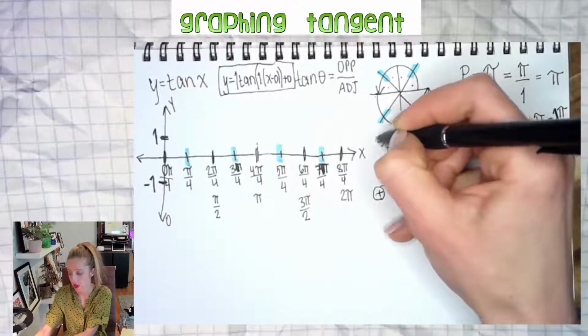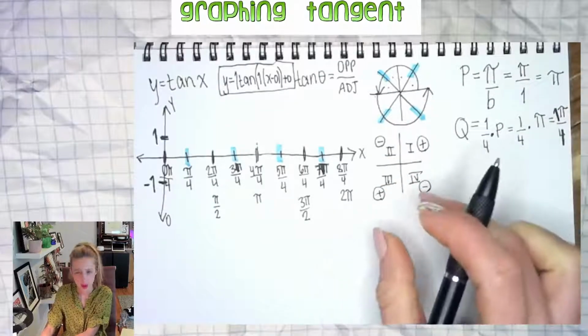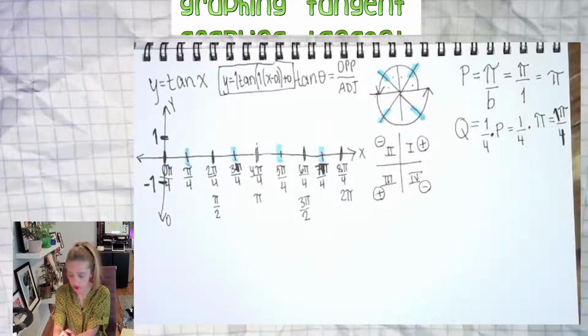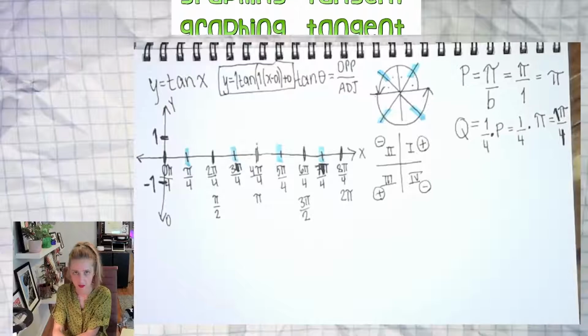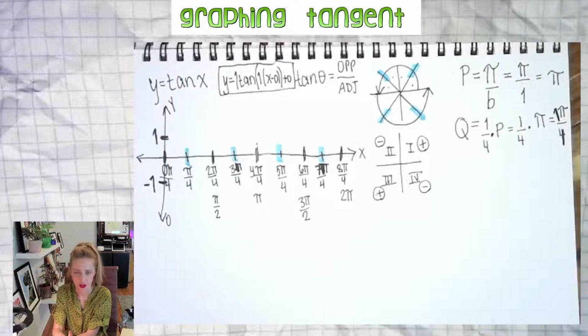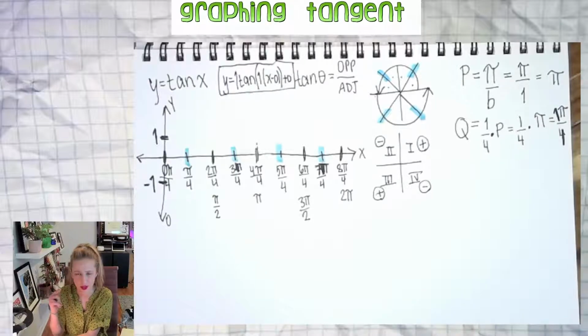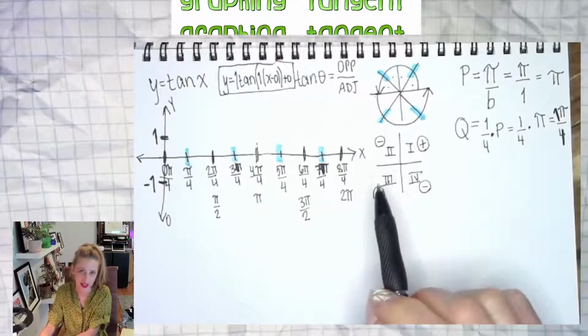And tangent's negative in quadrants 2 and 4. The same is true for tangent and cotangent. They're both positive and negative in the same place.